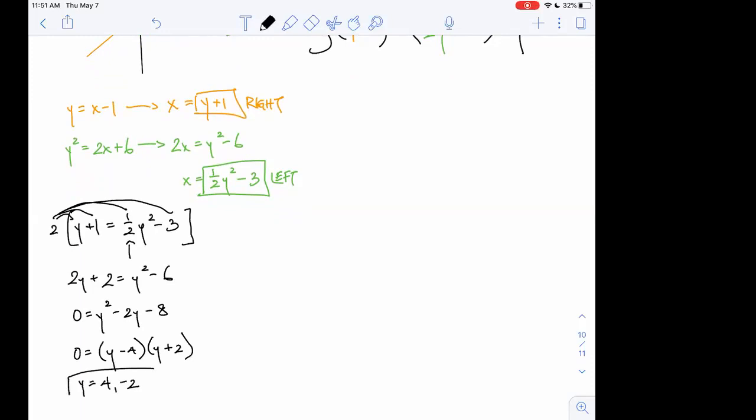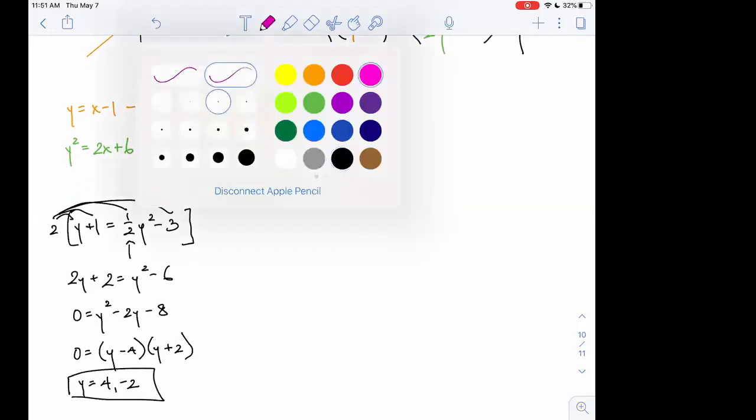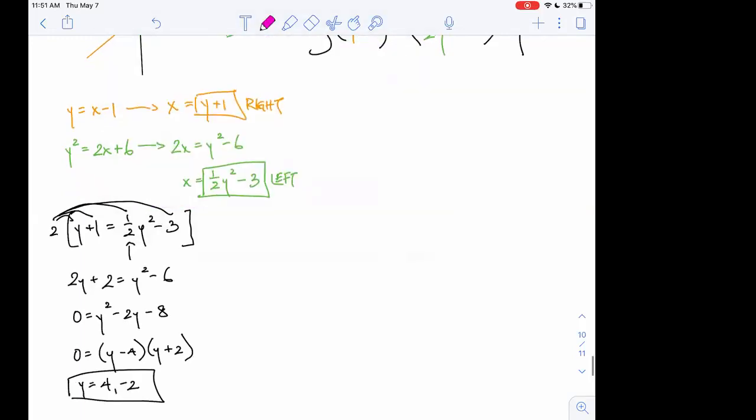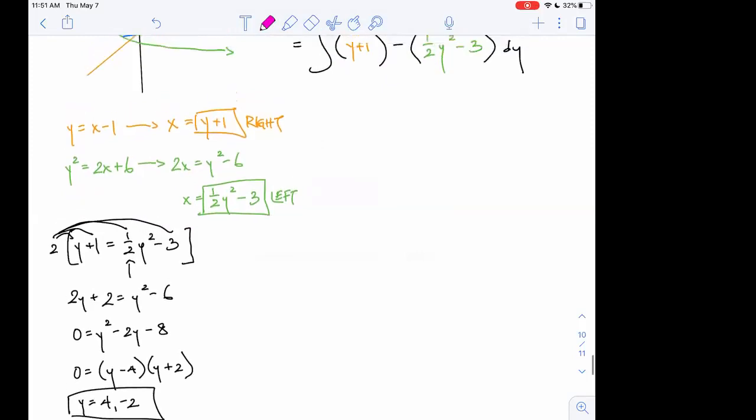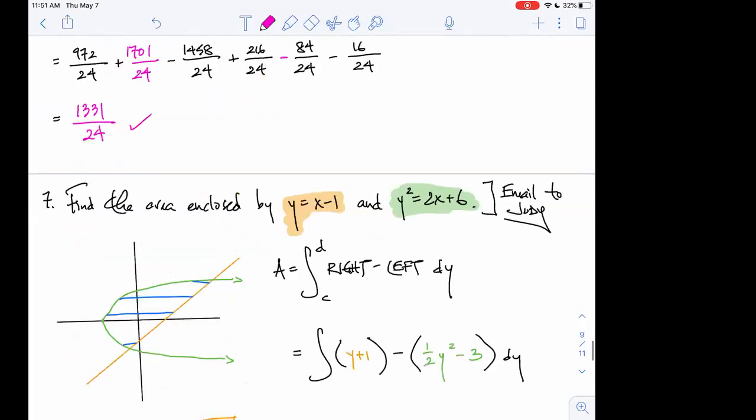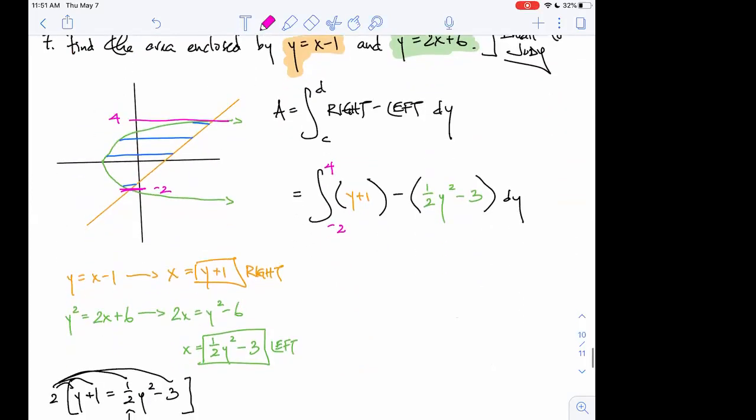So my two values where the curves intersect are y equals 4 and y equals -2. When I go back up to my problem, I'm going to put the -2 at the bottom, because I start counting from the bottom and go up. And then my top bound is 4, because that's where the curves stop intersecting.